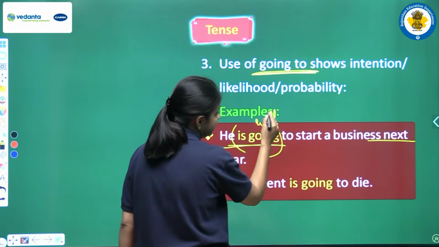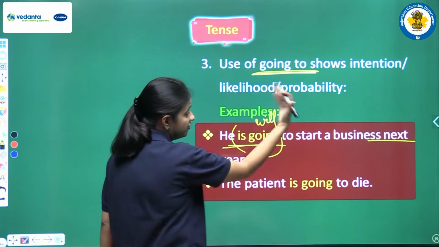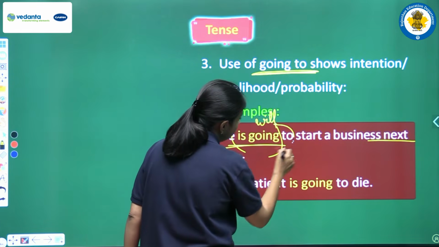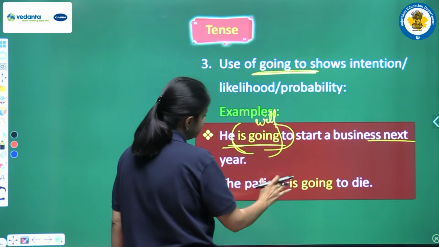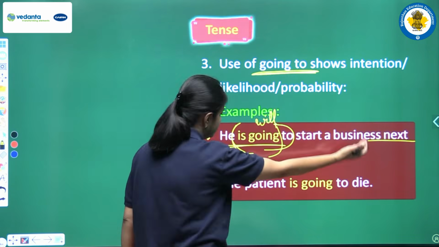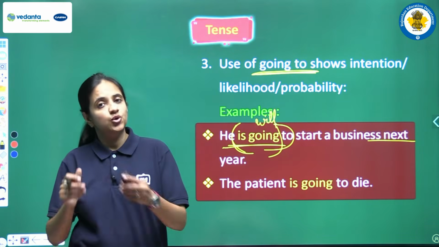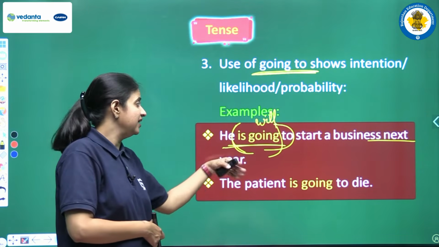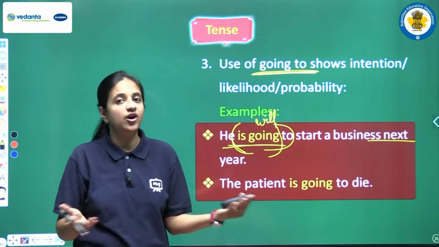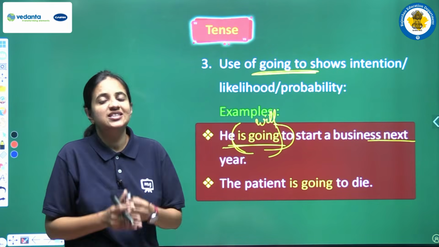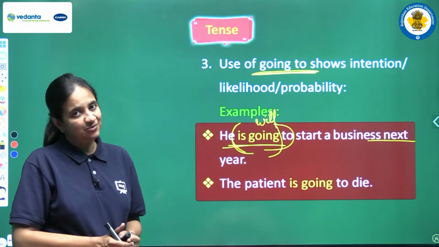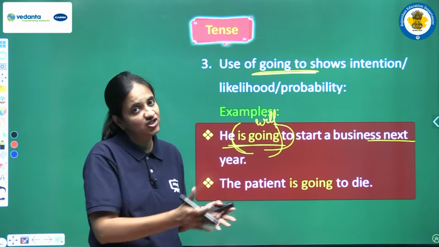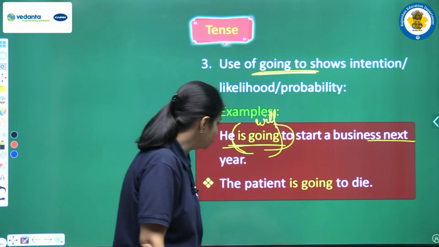We can read this sentence like this also: he will start a business next year. So we can say that we are replacing will and we are adding is going to, are going to or am going to. Okay, so such kinds of sentences can be used. So this can also be the structure of one of the sentences.